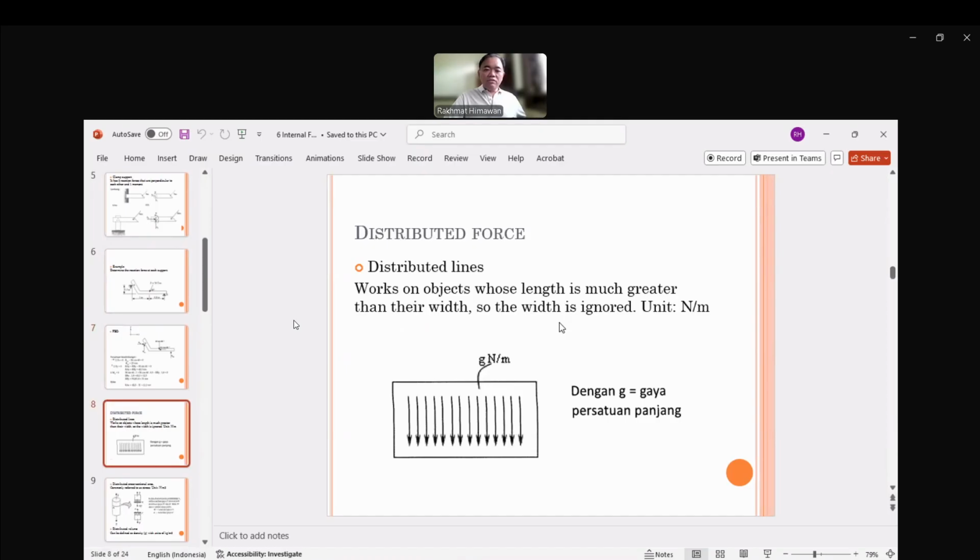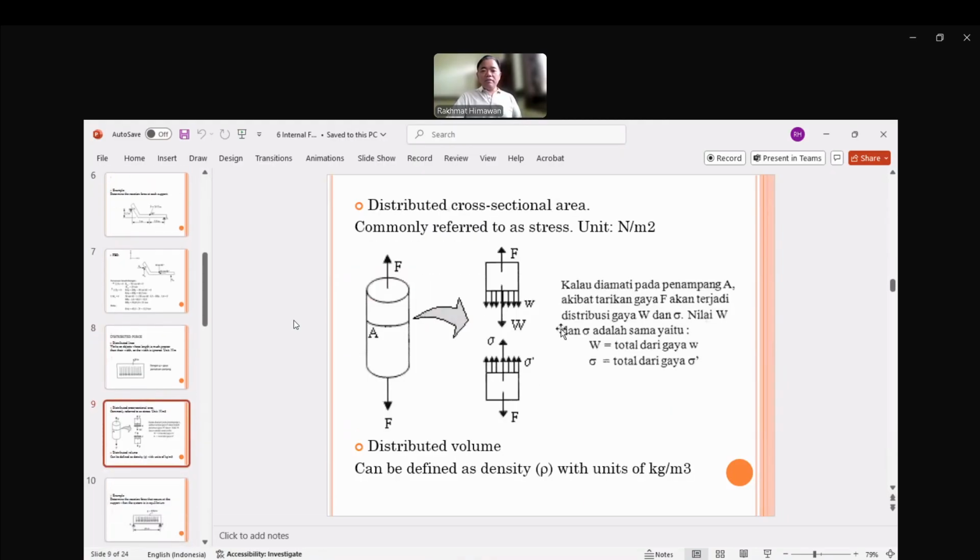And we also learned about distributed force. With a line, you simply multiply the force by the length of the line. But if it's a cross section, we need to calculate the area of this shape. What's the area of this rod? Then it's just pi r squared.